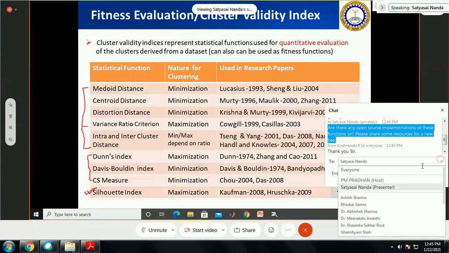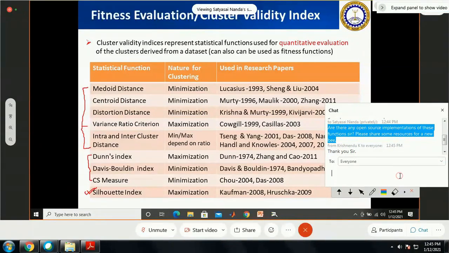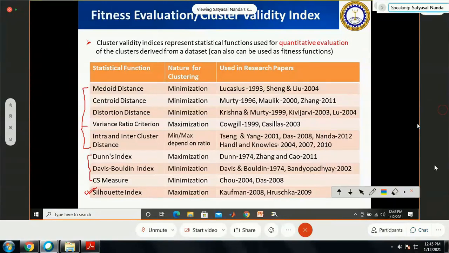Are there any open source implementations of these functions, sir? Please share some resources for a newbie. Okay, there are open source implementations in R as well as in Python.